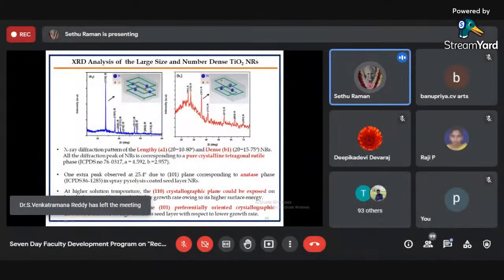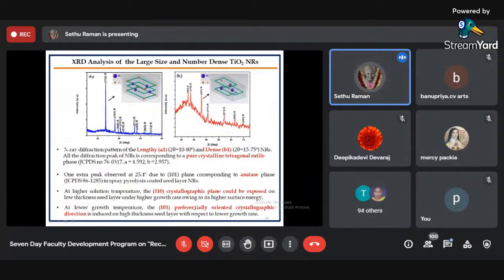At higher solution temperature, the 110 crystallographic plane could be exposed on the lower thickness seed layer under a high growth rate, owing to its high surface energy. At lower growth temperature, the 101 preferentially oriented crystallographic direction is induced on a higher thickness seed layer, with a lower growth rate.